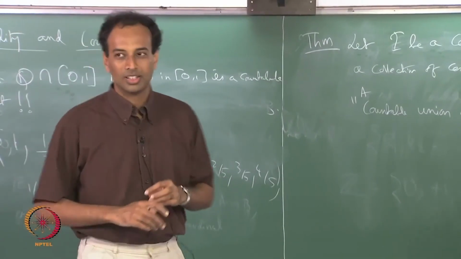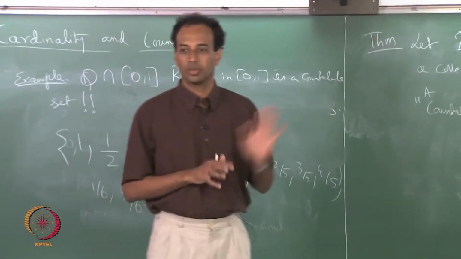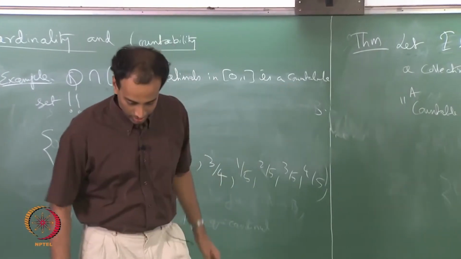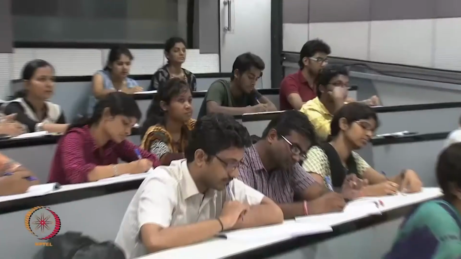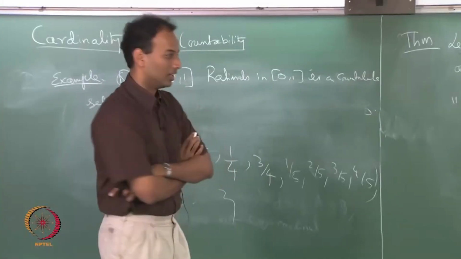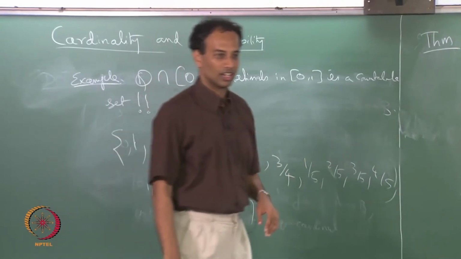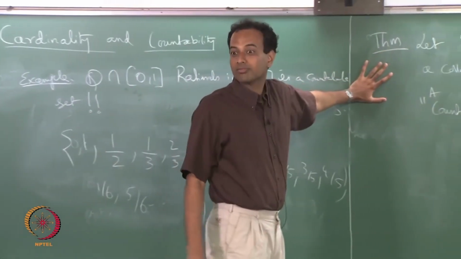A countable union of countable sets is countable, that is what this is. This I will not prove in class, we do not have to spend time on it, but you have to know this result.